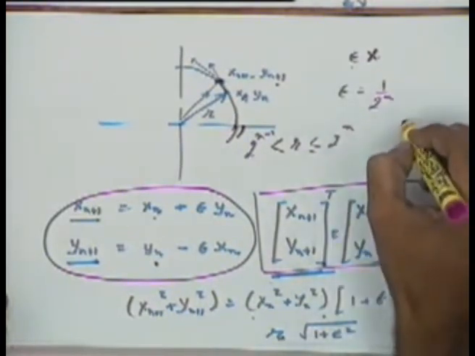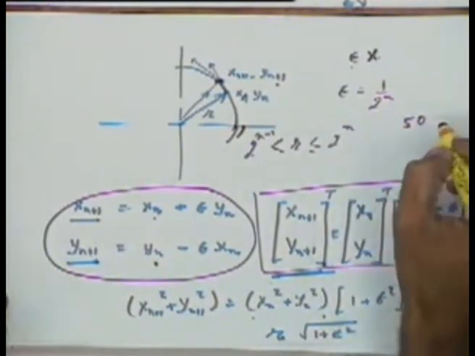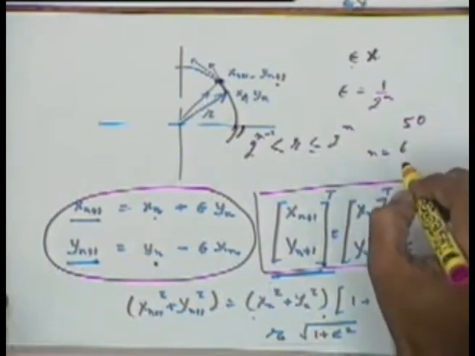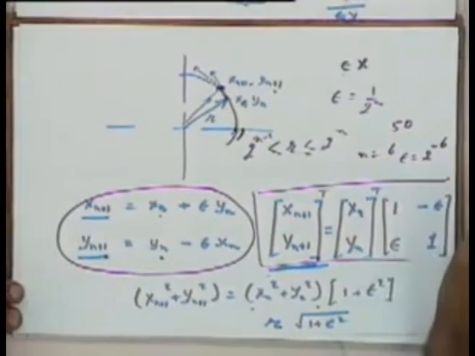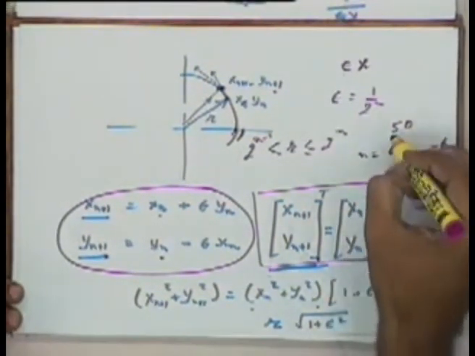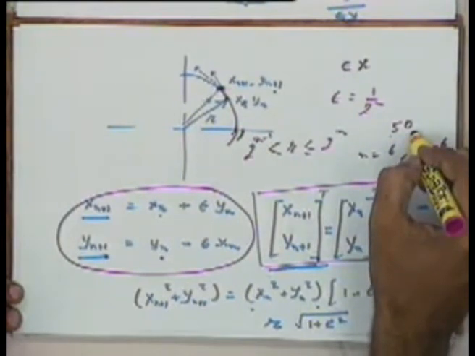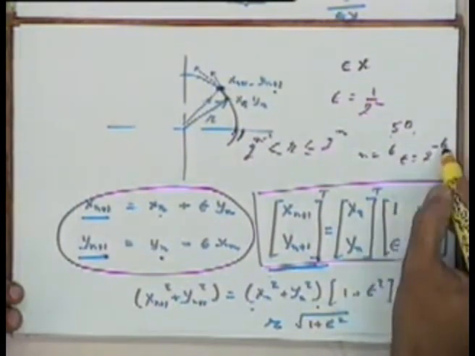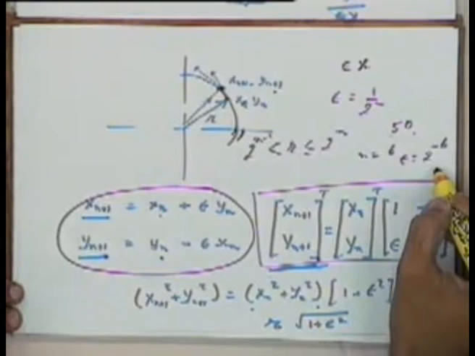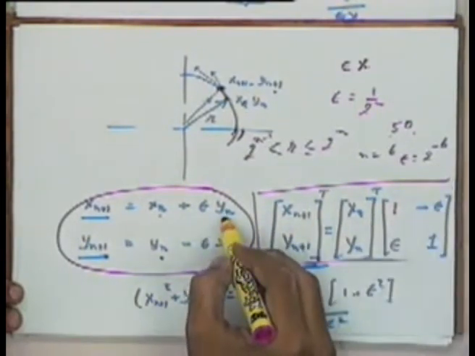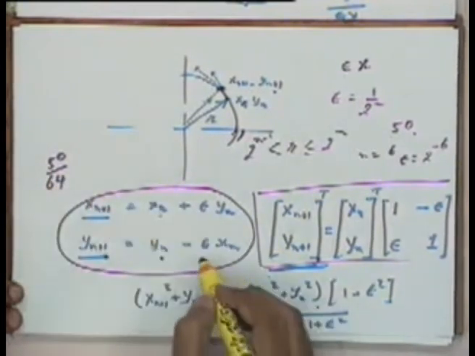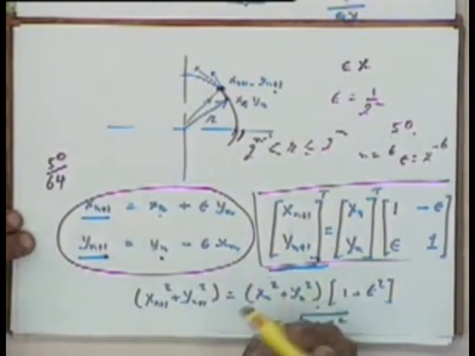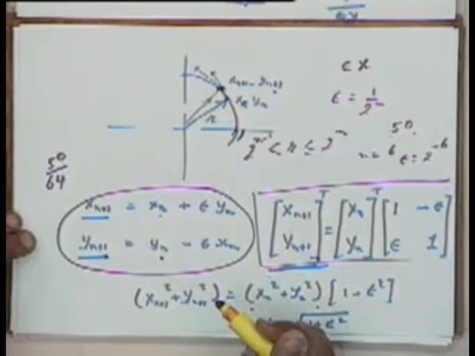Let's say if the radius is 50, then n will be 6 and epsilon will be 2 to the power minus 6. So for a circle with a radius of 50 pixels, epsilon is 1 by 64. Every time we give an increment, it will be 50 by 64 or minus 50 by 64. That's the maximum increment we will be giving.